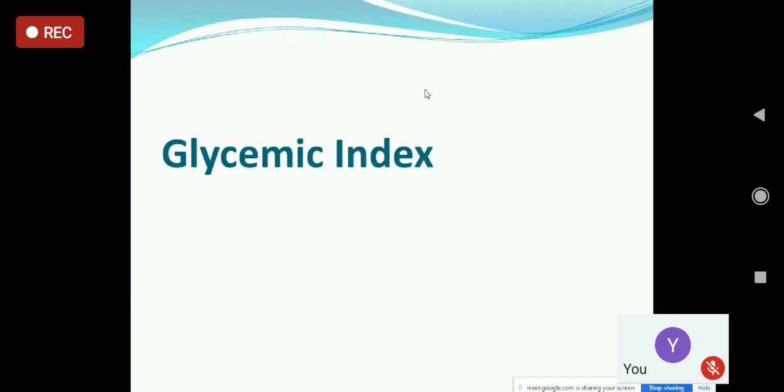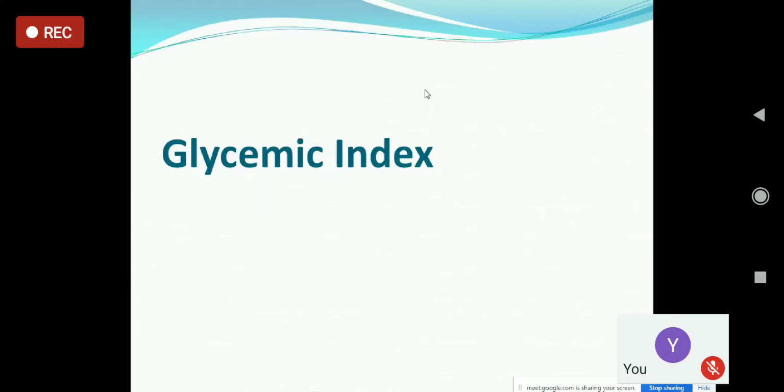So let's talk about this term, glycemic index. When you consume carbohydrates, your blood glucose level is going to fluctuate.